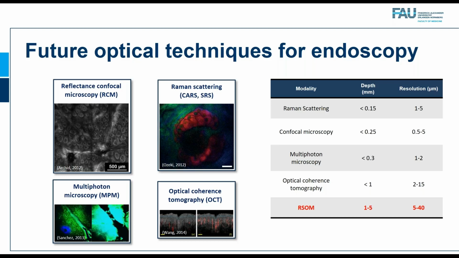One optoacoustic based imaging technique is raster scanning optoacoustic mesoscopy, which provides a penetration depth of up to several millimeters, with still quite good resolution, up to 50 microns in lateral resolution.